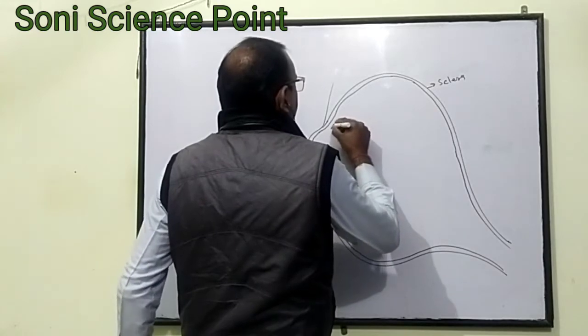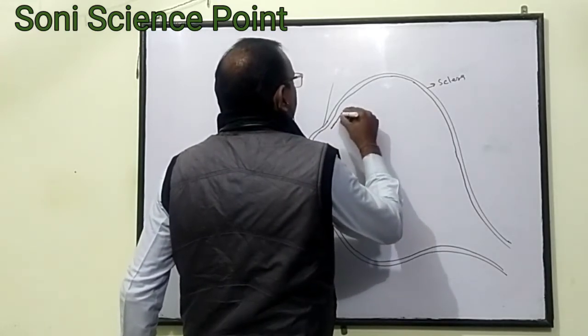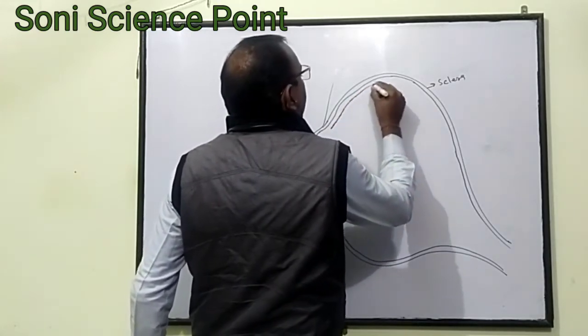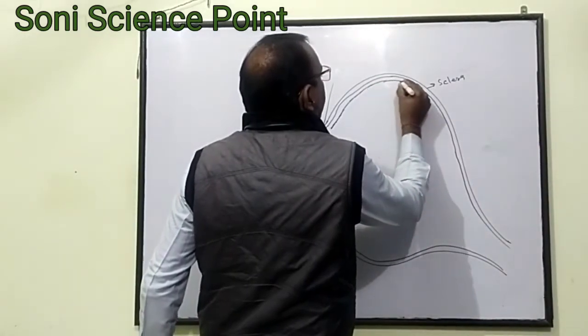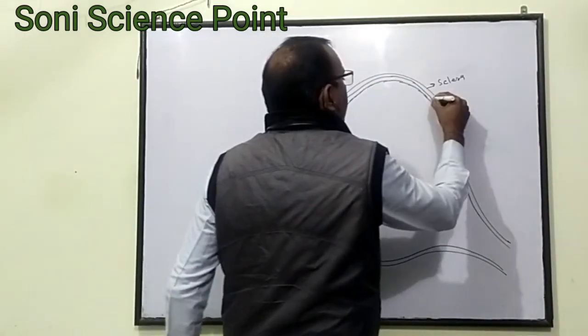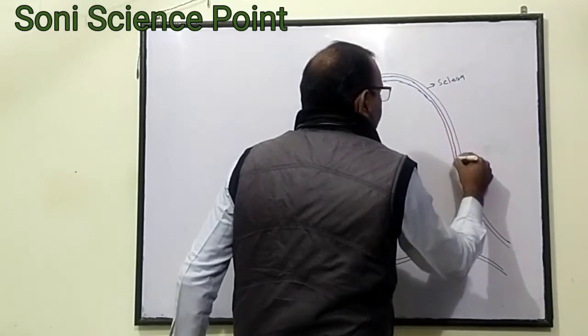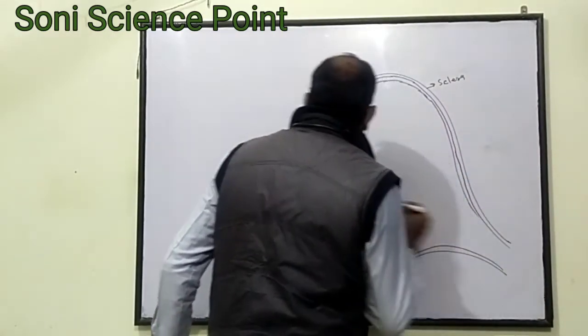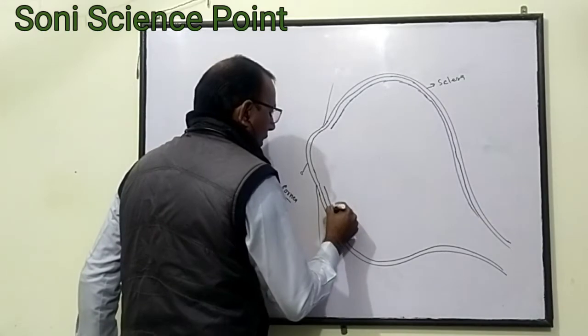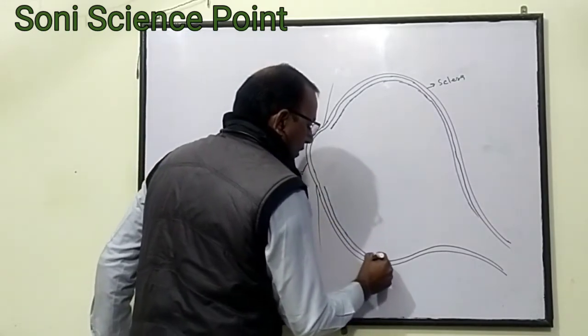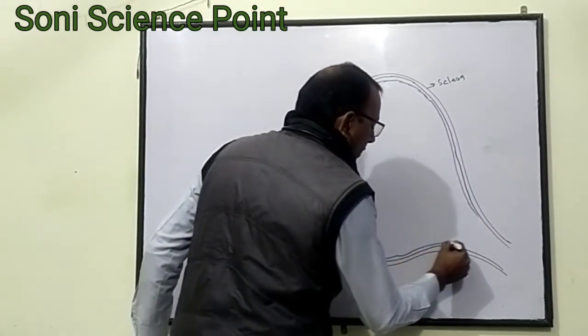is mostly very thin in the human eye, or we can say that at the posterior end the bluish part is very thin, but at the anterior part it becomes thick and forms the ciliary muscles.